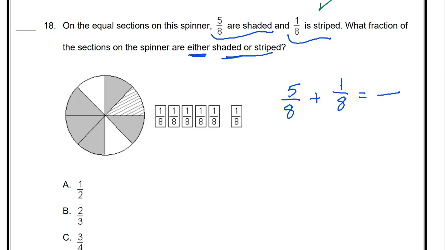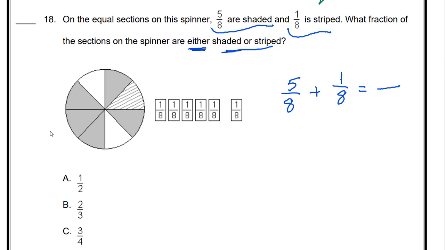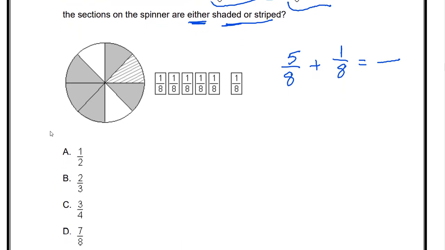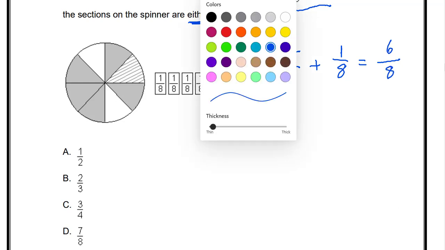Okay, let's first find the sum. 5/8 plus 1/8 equals 6/8. Okay, and now yes, continue.